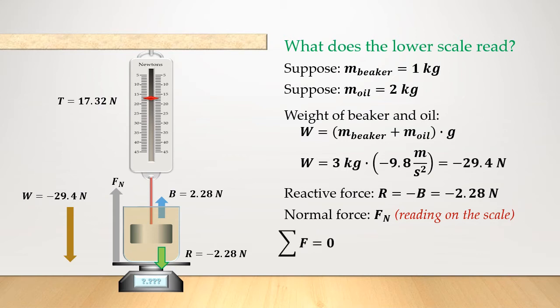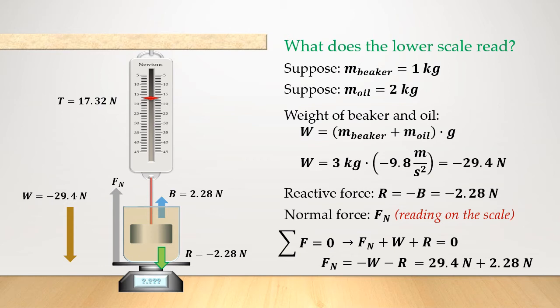So once again, we write down the formula for dynamic equilibrium. The sum of the forces equals 0. That is, the normal force plus the weight plus the reactive force equals 0. Do our algebra and say that the normal force is negative weight minus the reactive force.